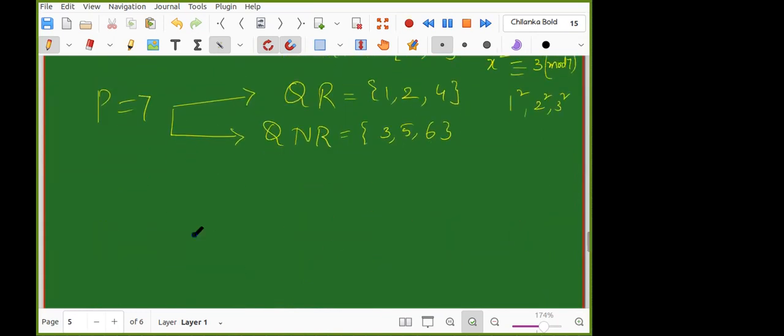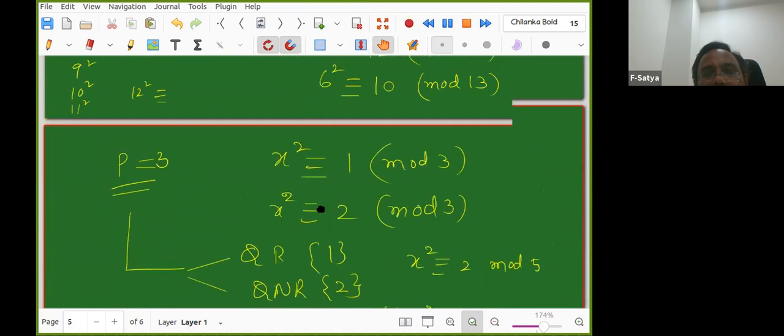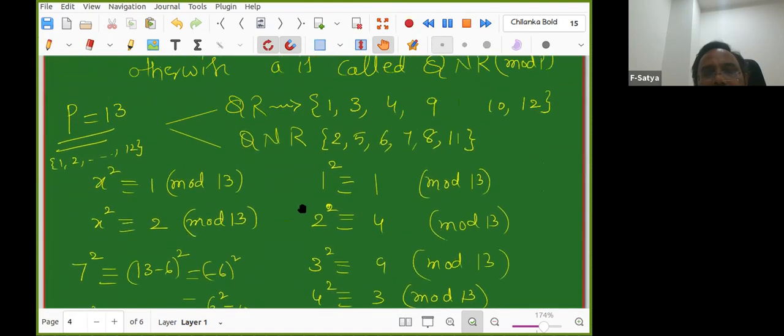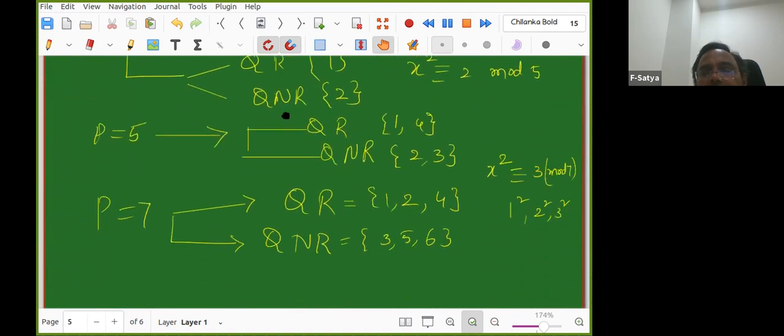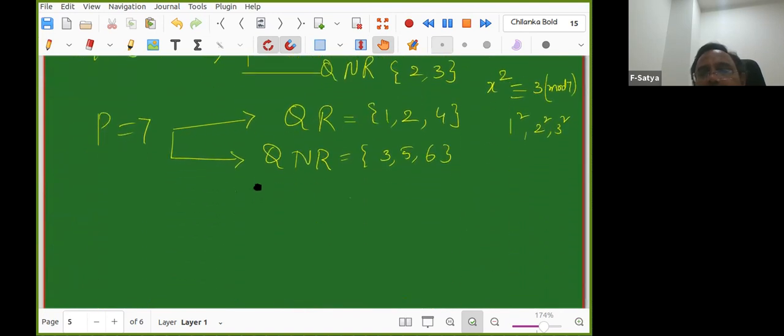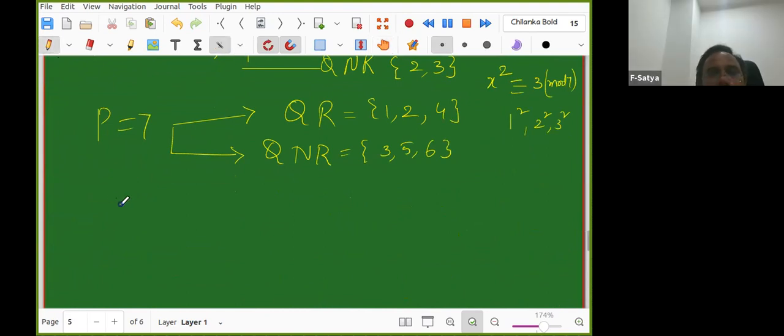So are these examples sufficient to make some conjectures? Whatever you are getting, you can say. They partition the group in half. Okay, what is the meaning of that?